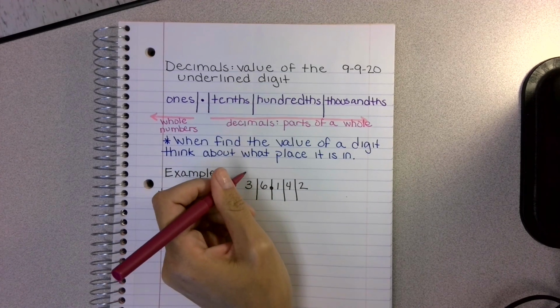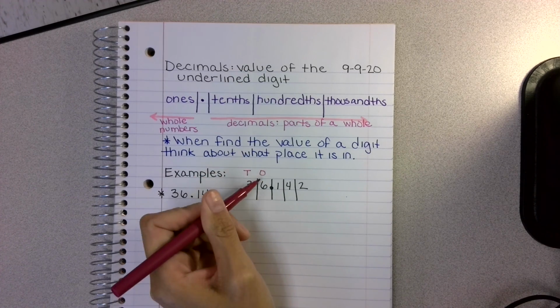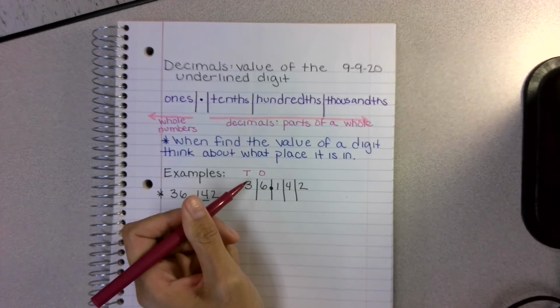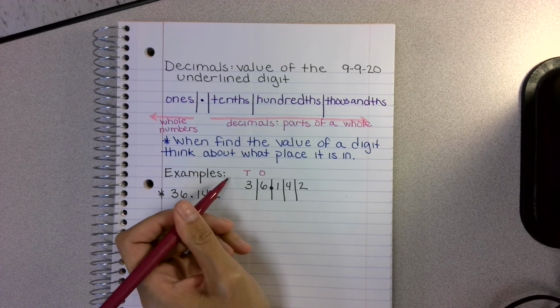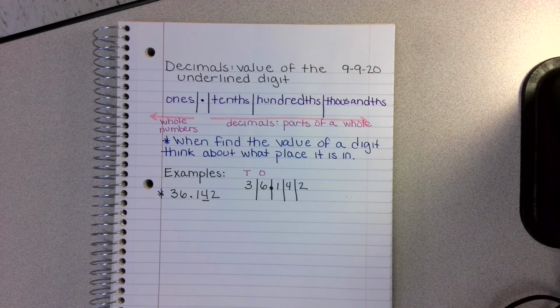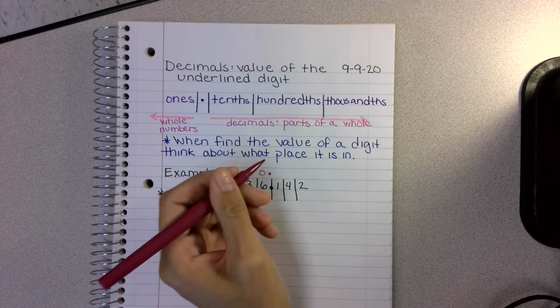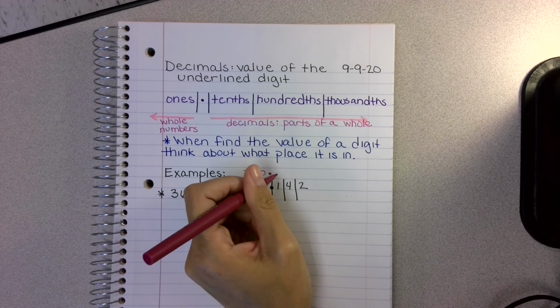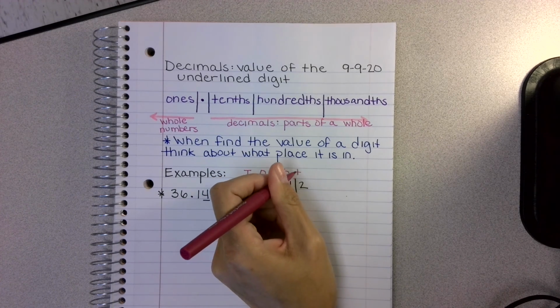And you're going to label your places. So you have your tens, your ones. When I'm doing a place value shorthanded like this, I'm going to use capital letters to show my whole numbers, and I'm going to use lowercase letters to show my decimals.